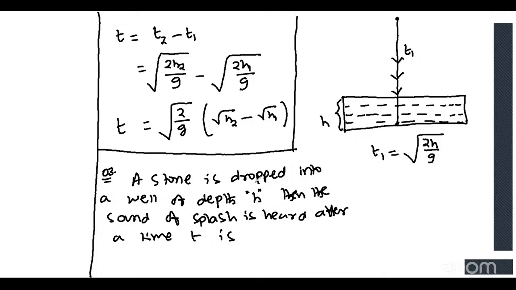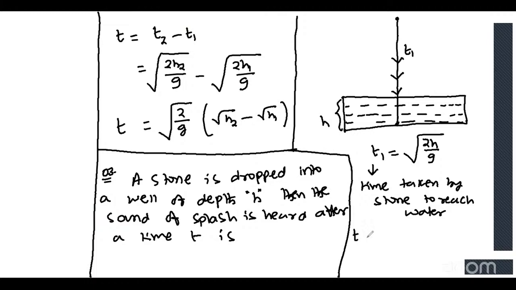T1 is the time taken by the stone to reach the water. T2: whenever the stone reaches the bottom of the well, sound will be produced. So speed of sound equals distance traveled by time.